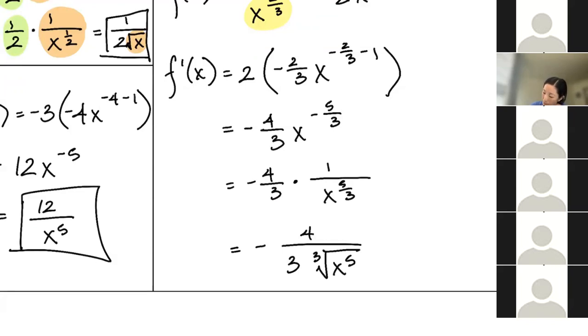And in particular, this 4 and 3 are still those 4 and 3. But this x to the 5/3 is this cube root of x to the 5th.